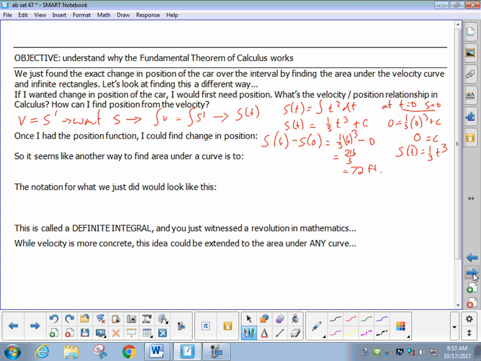We really did two things. What's the first? We wanted to find change in position. So the first thing we did was get position by integration, anti-differentiation. We took the antiderivative to get position.